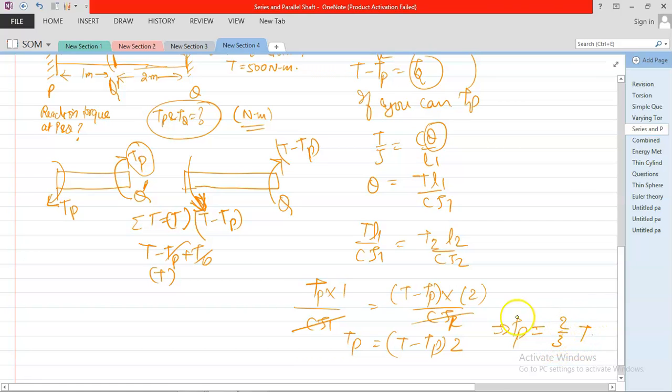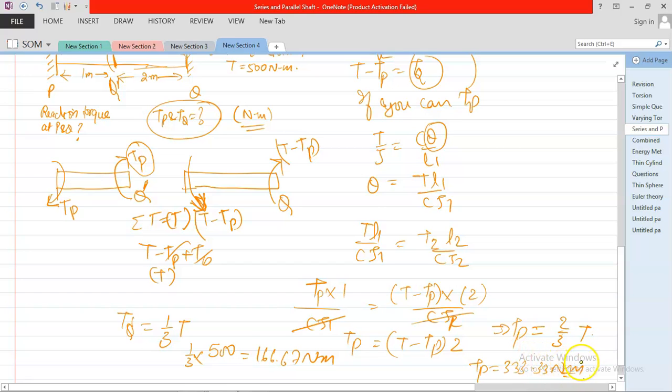theta in terms of T and J is T1 L1 by GJ1. For both the cases theta should be equal because they are rigidly held. Rigidly held means the theta should be equal in both the cases. So T1 L1 by GJ1 should be equal to T2 L2 by GJ2.